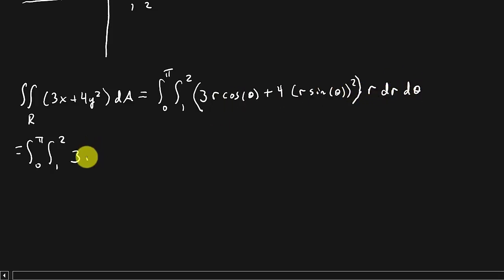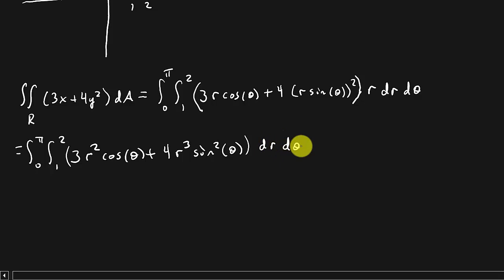So that's going to be the integral from 0 to pi, 1 to 2 of 3r squared cosine theta plus 4r cubed sine squared theta dr d theta. Here I've got r times r, which is r squared, and r times r squared is r cubed.